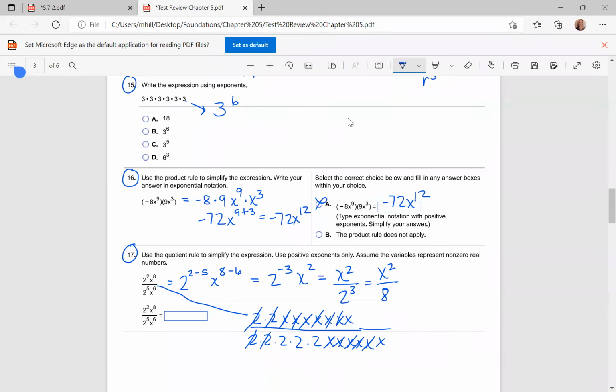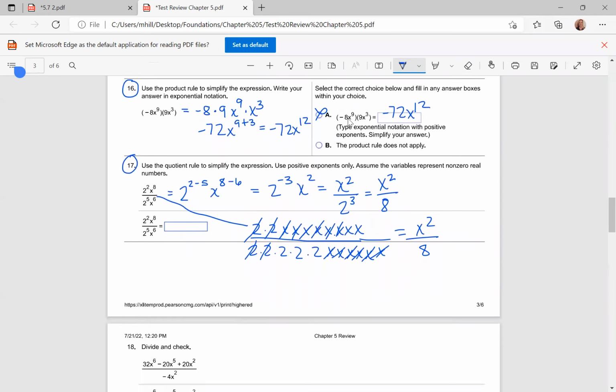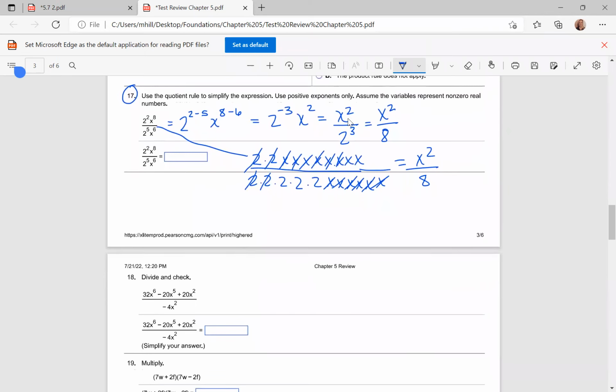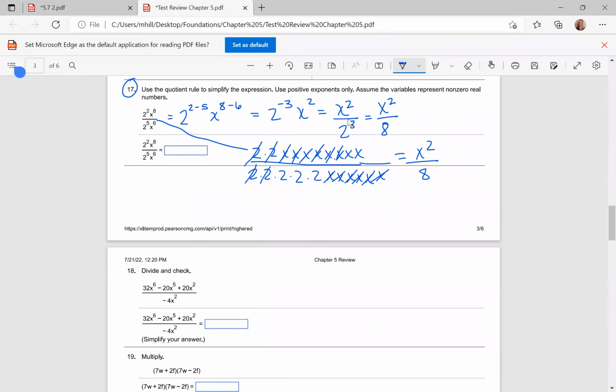I must not have written down 8 x's because I'm too short. So on the top, you can see that you're left with 2 x's, 2 times 2 times 2 on the bottom, which is 8. So either way, that's going to work. This is the shortcut of how to get that, but you can also write it out and get those to cancel that way.